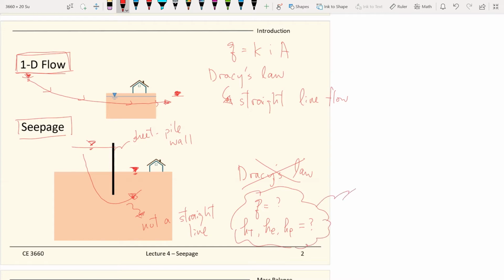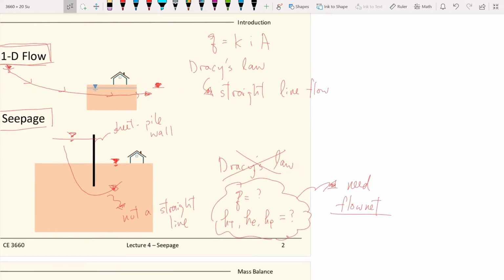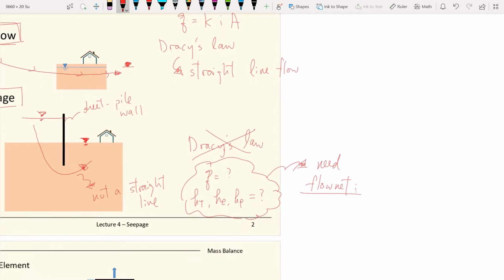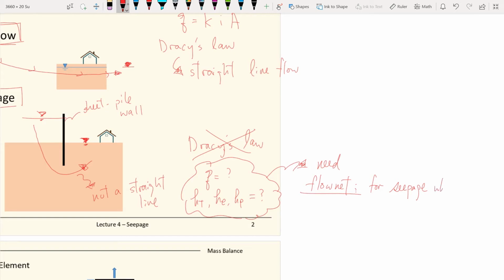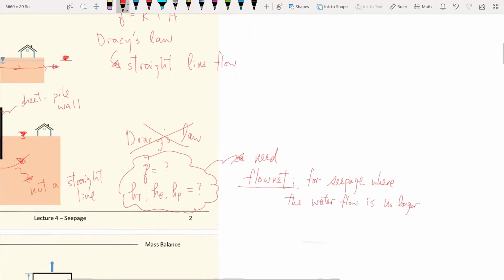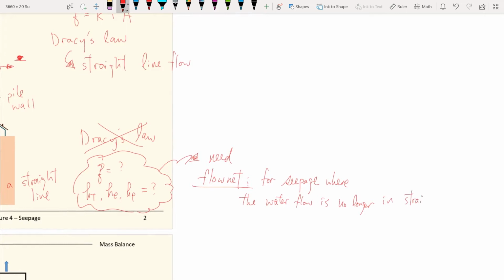In order to find those, what we need is a flow net. We will talk about what a flow net is. But at this point, we need to understand that we need a flow net because this is for seepage, where the water flow is no longer a straight line within the project site.